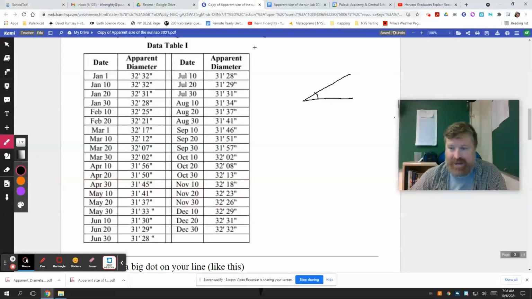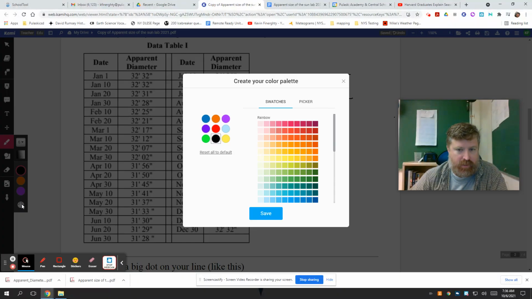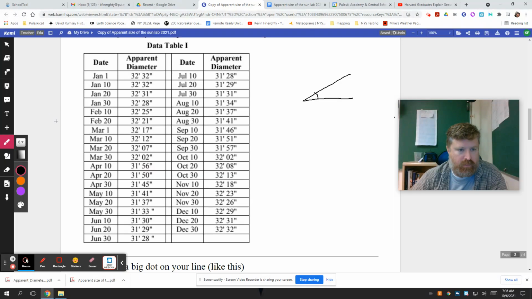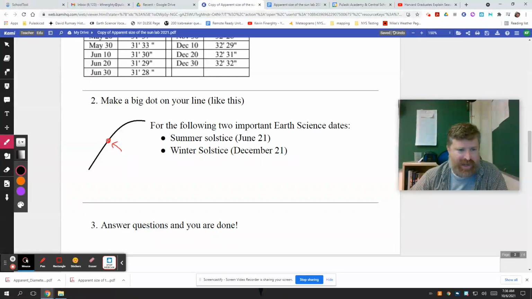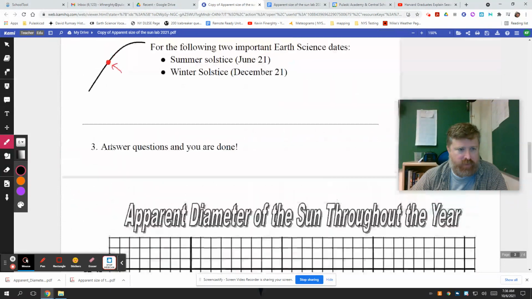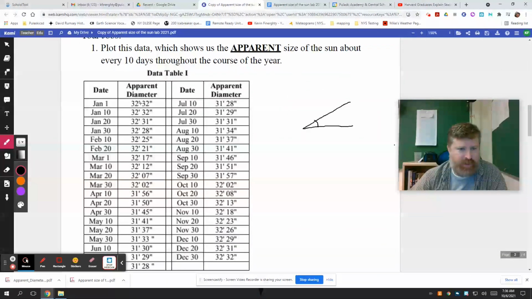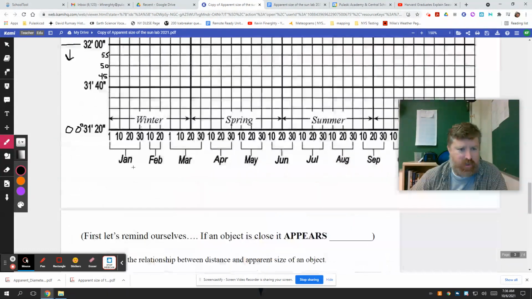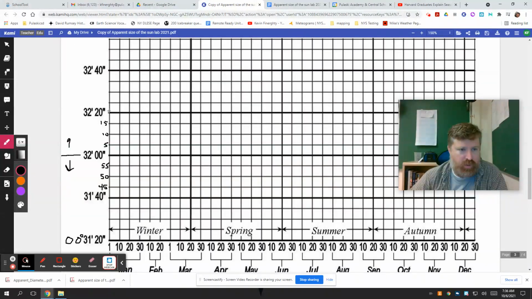So let's do one. Again, here in Kami, doing dots, I'm recommending going to somewhere around size 6. Pick a color. And you are going to have to make a dot later that will be a different color, but we'll get there. So January 1st is 32:32. So January 1st right there, 32:32.